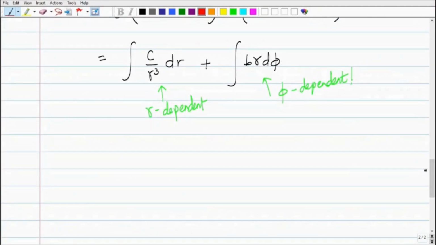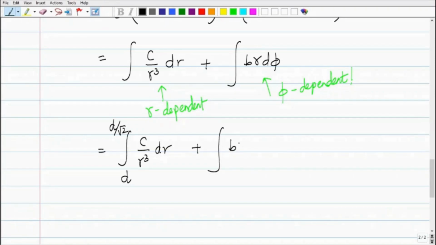So basically, this integration then becomes, the first one goes from d to d by root 2, because we have to think of how r is changing, and then this is c by r cube dr, plus b r d phi, and here it has to go from 0 to pi by 4.